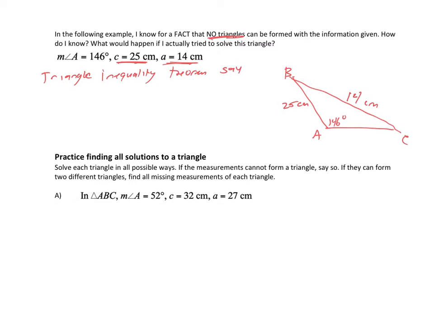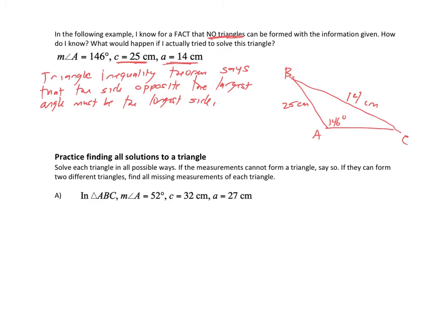Okay, so I'll write that down. It says that the side opposite the largest angle must be the longest side. Or conversely, you could say the side opposite the smallest angle is the shortest side.